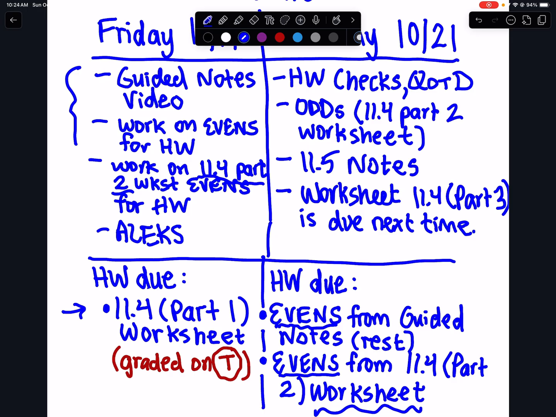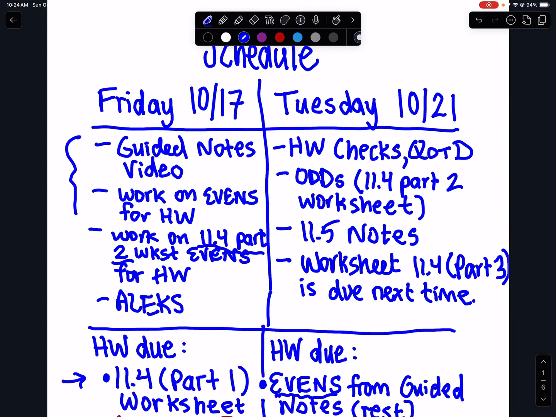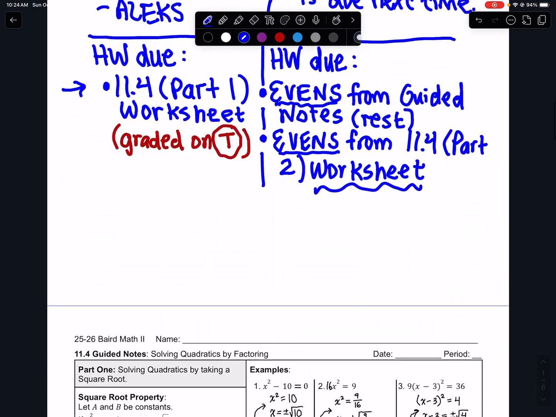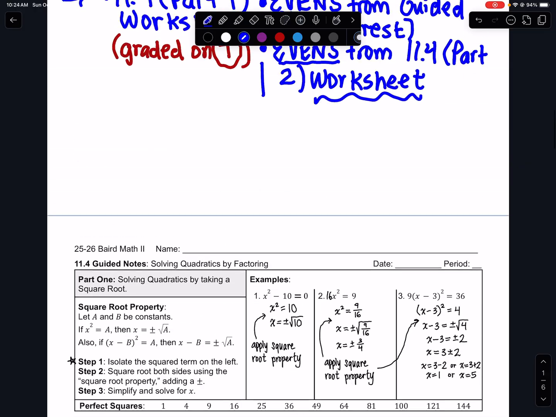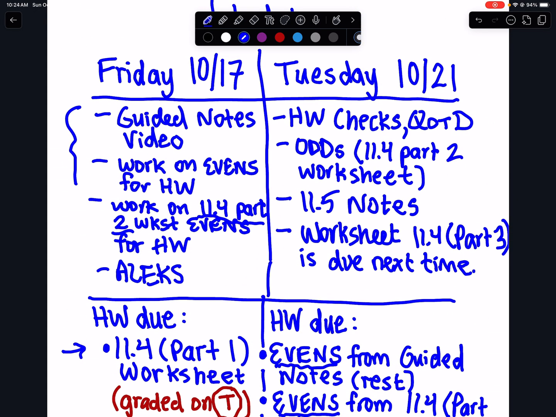And then we'll move on to a new set of notes, and then we'll assign the last worksheet from 11.4. Okay. So at this time, make sure the sub has passed out all of the guided notes to you that look like this. And it is a 2-page packet, and we're going to go ahead and get moving on that.